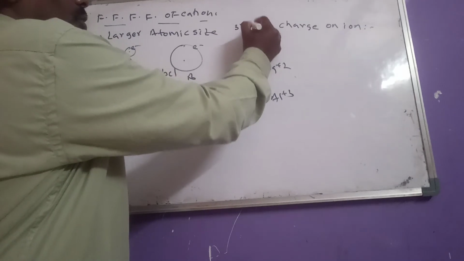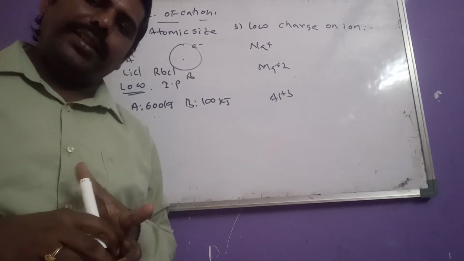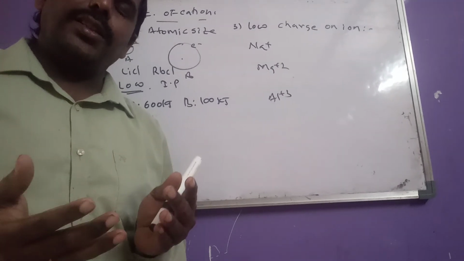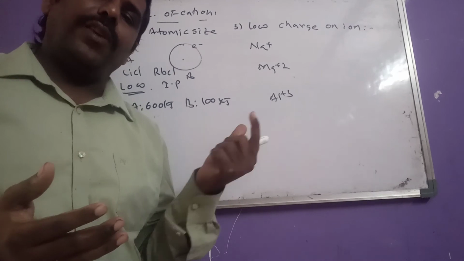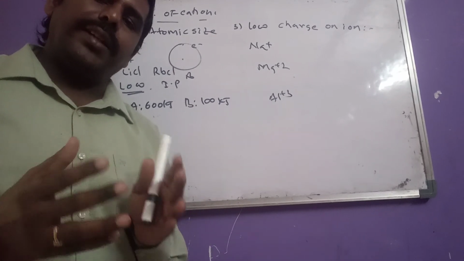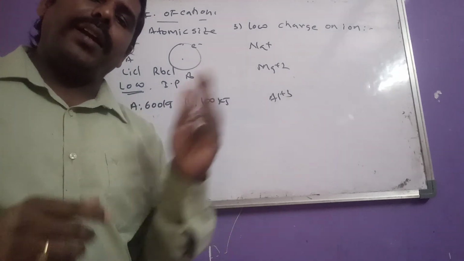So low charge on the cation is the favorable factor for the formation of the cation. And that cation, if present in an ionic compound, gives more ionic nature.